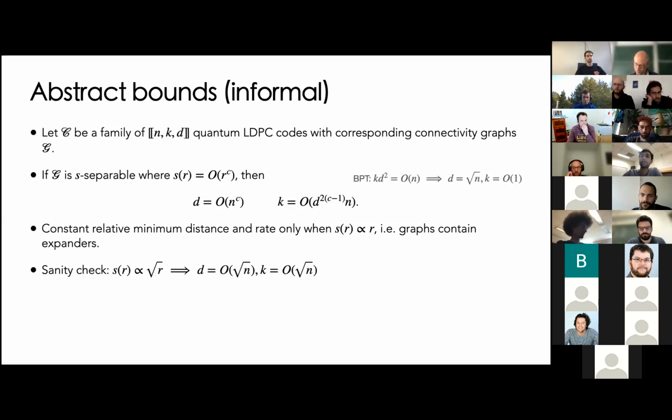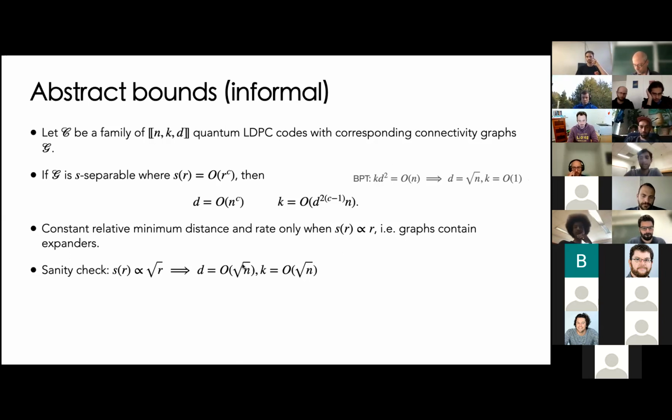If you compare this with the Bravyi-Poulin-Terhal bound, which says that k times d squared is at most n, it says something slightly tighter. It says that d is square root of n, but k is only a constant. So already there seems to be a gap between the BPT bound and this sanity check.